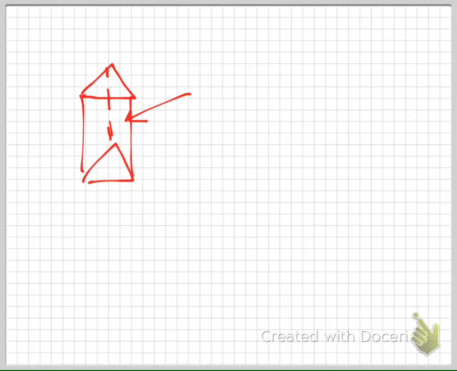Oh, the rectangles. They're rectangles, right? In a pyramid, let me do a little four-sided guy right here. What are the faces now? Triangles. The faces of a pyramid form triangles. Does that make sense? I don't care how many sides it is.